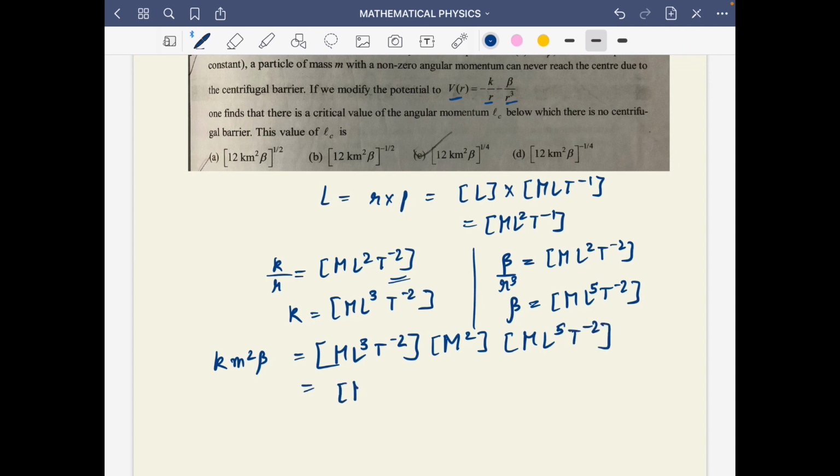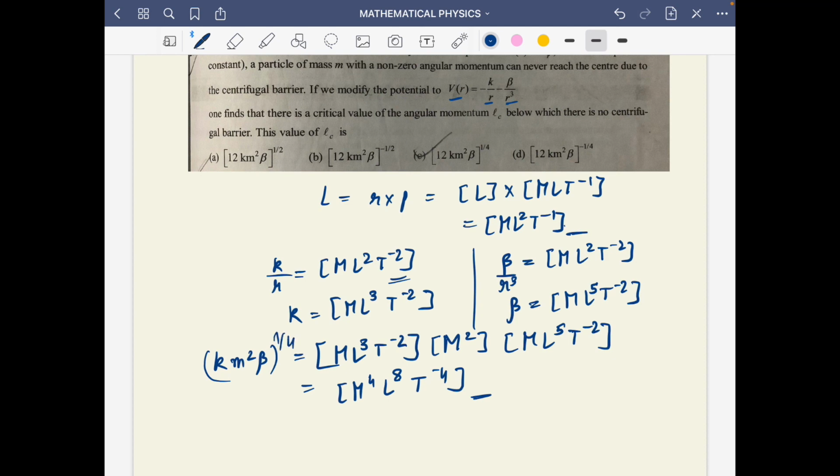Now the final step: if you look at this equation and this equation, to get from this dimension to this dimension, we need to take the 1/4 power.